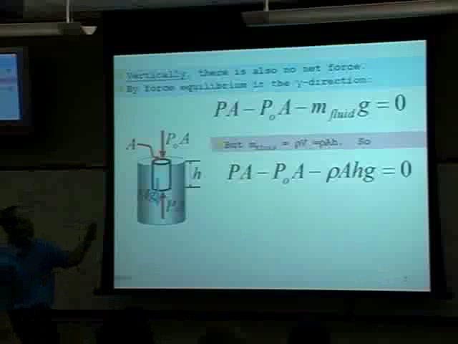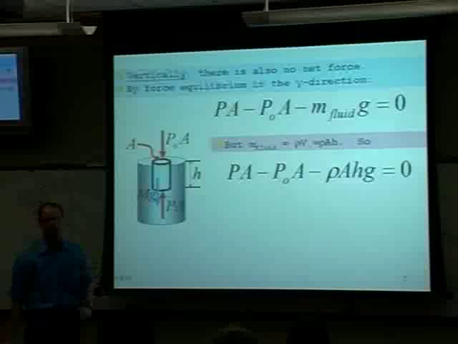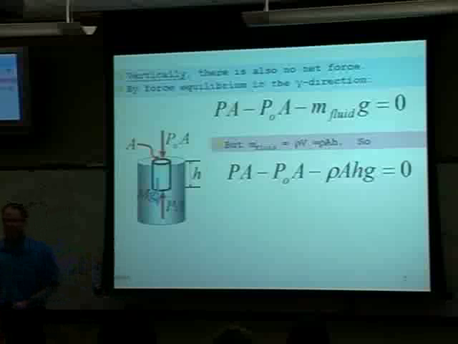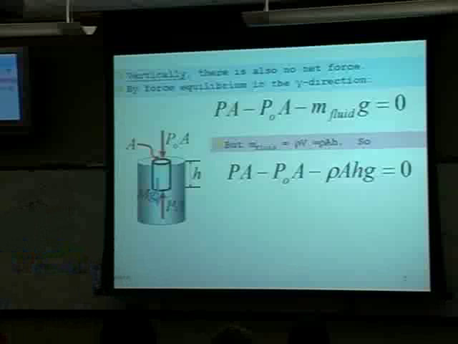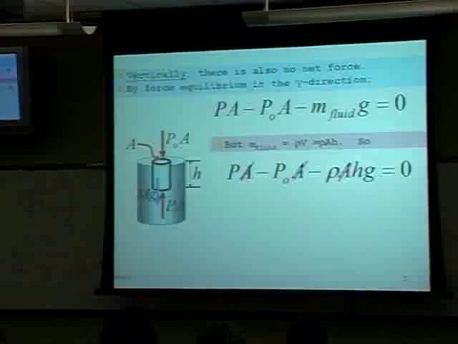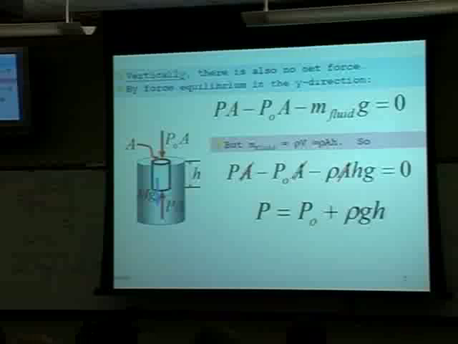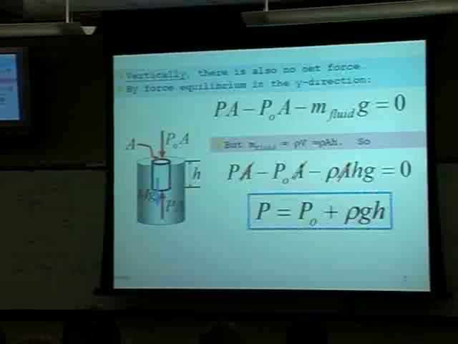And I've got the cross-sectional area in all three of those terms. I'm going to divide through by the cross-sectional area, get rid of that, and simplify, and I get this.